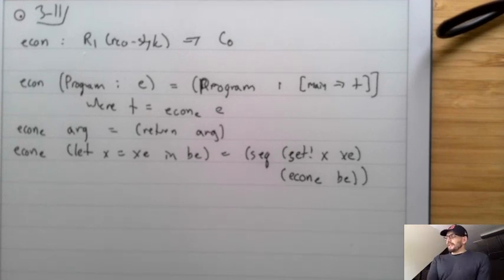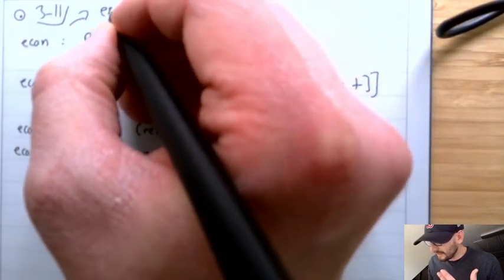So at this point, you can implement the Uniquify pass. You can implement resolve complex. You can implement explicate control. That's what econ stands for. Explicate control.